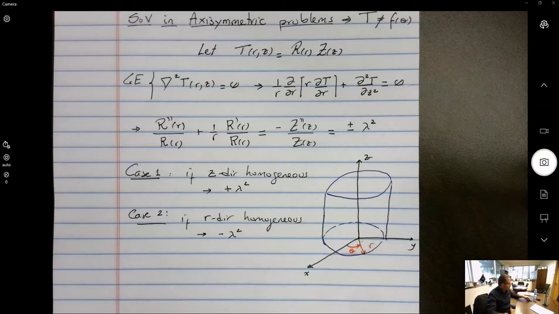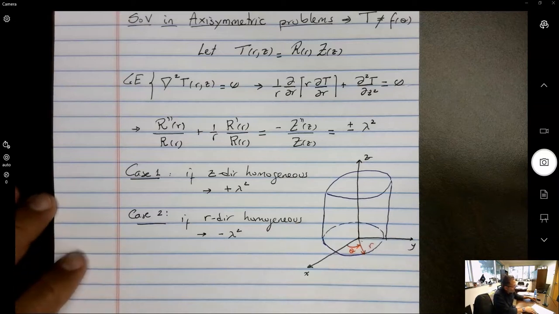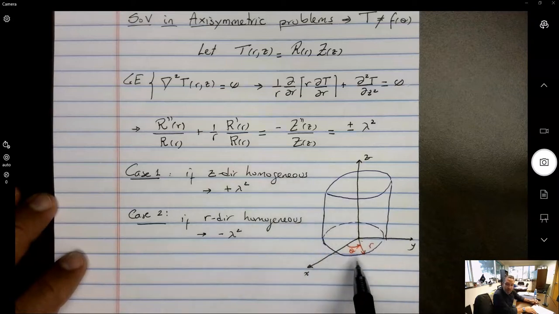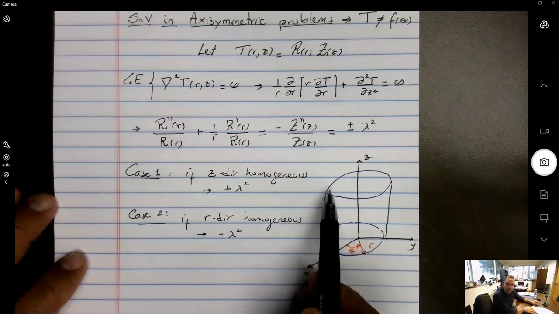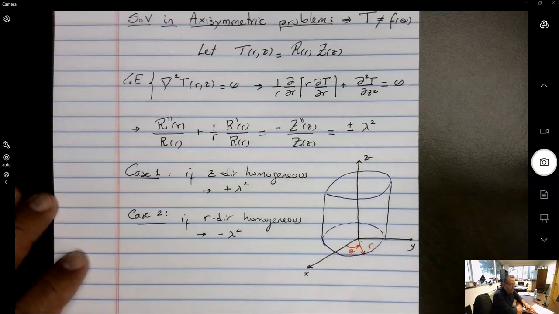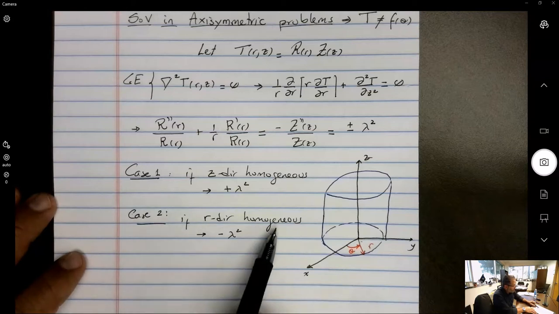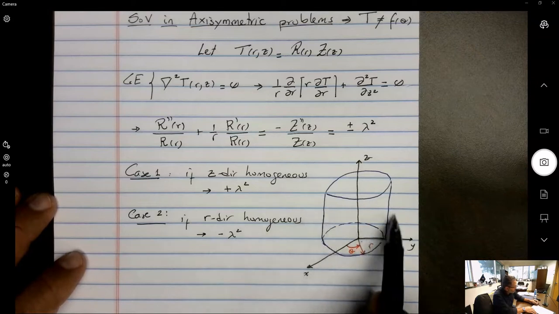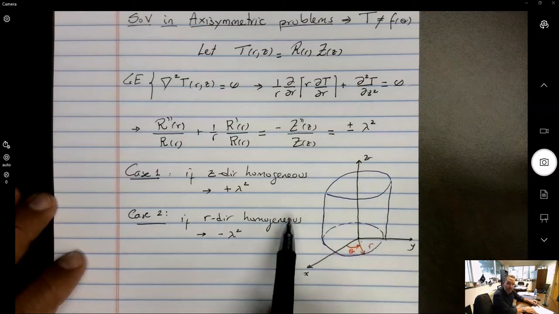So these two cases imply that in case number 1, the Z direction is homogeneous, so the boundary conditions on the bottom and on the top of the cylinder are both homogeneous, and they can be of the first, second, or third kind. Case number 2 implies that in the R direction the condition is homogeneous. If this is a solid cylinder, then the boundary condition on the periphery, of the first, second, or third kind, will be homogeneous.